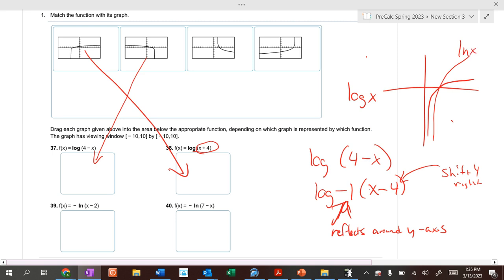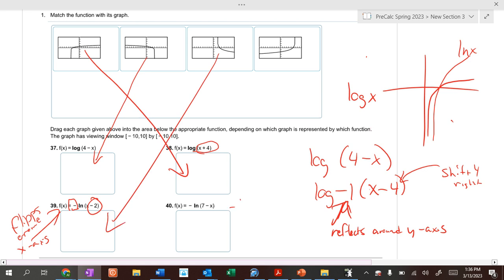Okay? So, negative out front does what to it? Flips it around the x axis. And then this minus 2 moves 2 to the right. So it's flipped down, move 2 to the right. That would be this one.